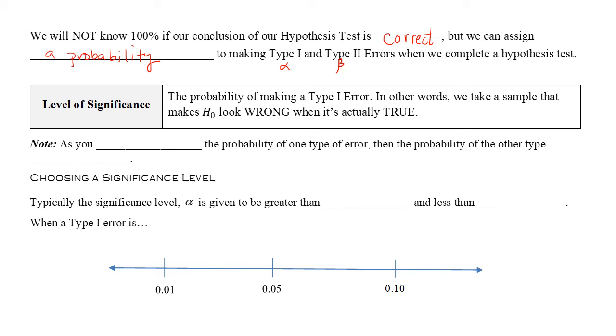What we're calling the level of significance we'll assign to the probability of making a type 1 error, and so that'll be represented with the symbol alpha. The probability of making a type 1 error is the case where we're taking a sample that makes us reject our null hypothesis when in fact it's true.